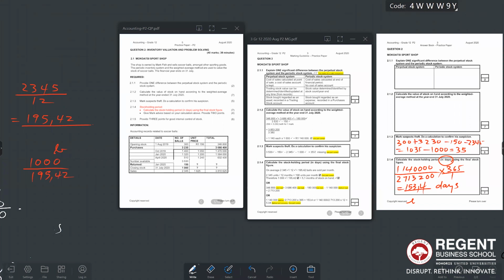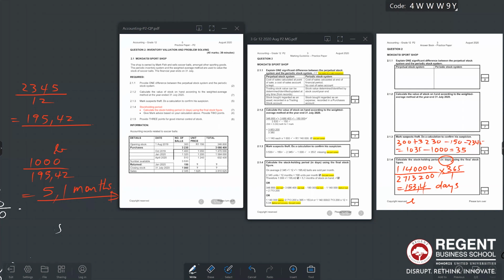I have 1,000 soccer balls, and each month I sell 195.42. So it will take me 5.1 months to sell those soccer balls.